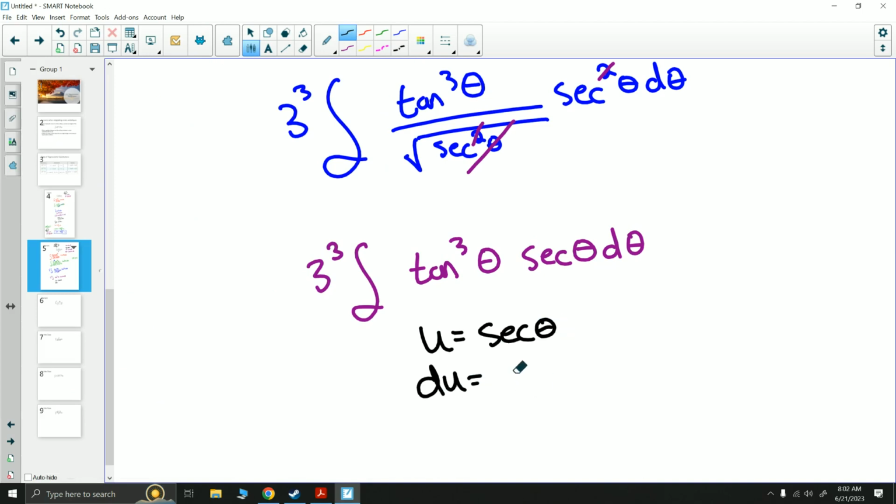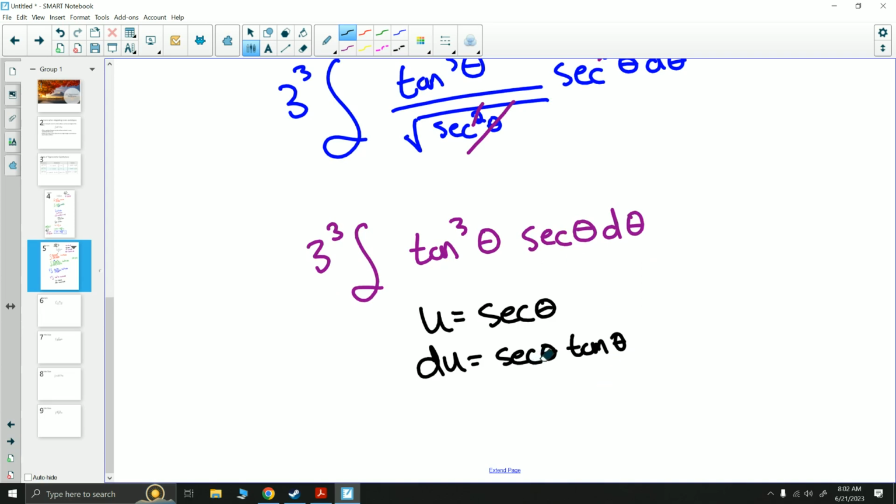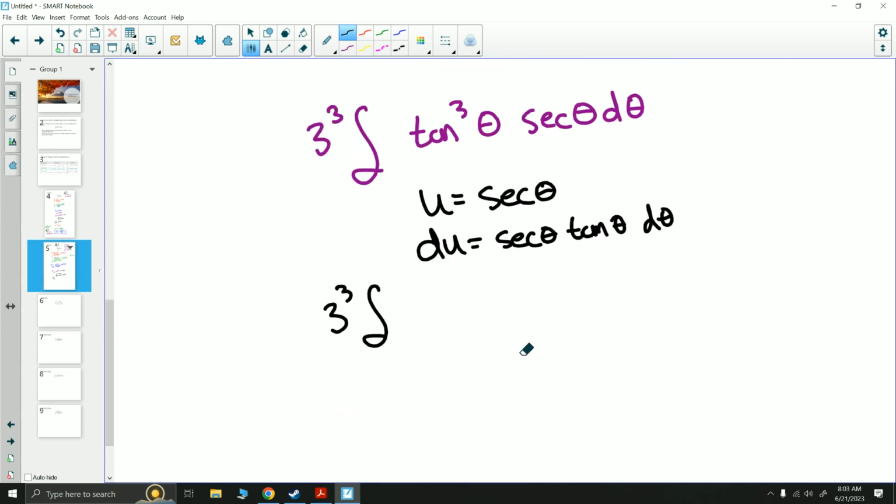That means du is secant theta tangent theta d theta. So we have 3 cubed times the integral of tangent squared, tangent secant d theta, and that's going to give us du.